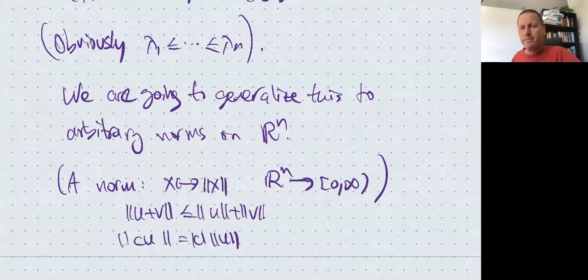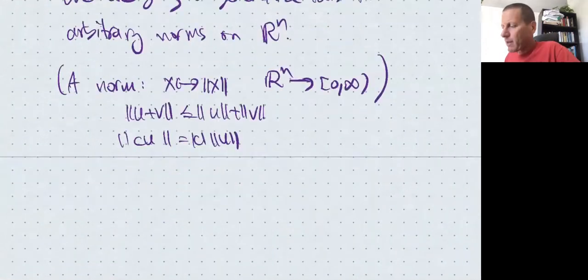So that's a norm. And you probably know, but maybe you don't, that norms are tightly associated with centrally symmetric convex bodies. So let me tell you about that.